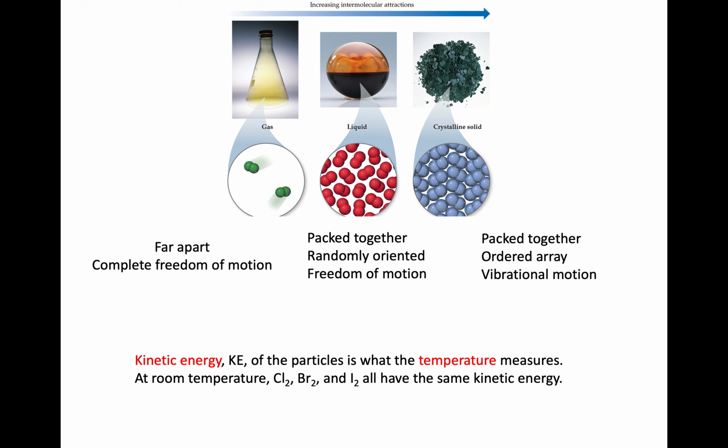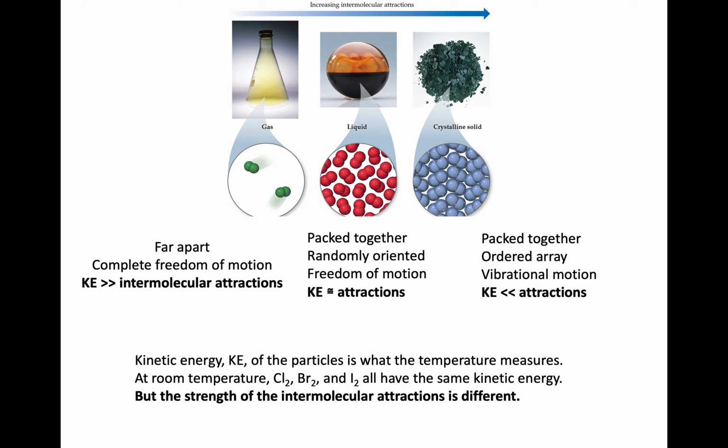The kinetic energy, the KE of the particles, is what the temperature is measuring. At room temperature, Cl2, Br2, and I2 all have the same kinetic energy because they are all at room temperature. But the strength of the intermolecular attractions is different. For the gas, the kinetic energy is much greater than any intermolecular attractions that were taking place for the Cl2.